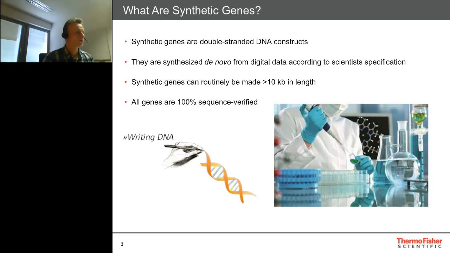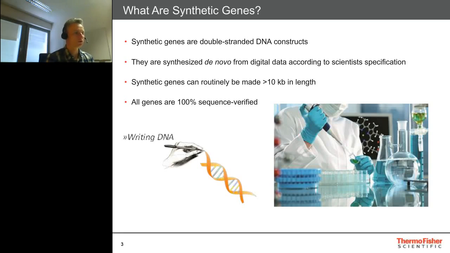So what are synthetic genes? Synthetic genes are double-stranded DNA constructs. They are synthesized de novo from digital data according to your specifications. You send us the sequence and we produce the sequence exactly as you send it and specified it. Synthetic genes can routinely be made in lengths of up to 10 kb.